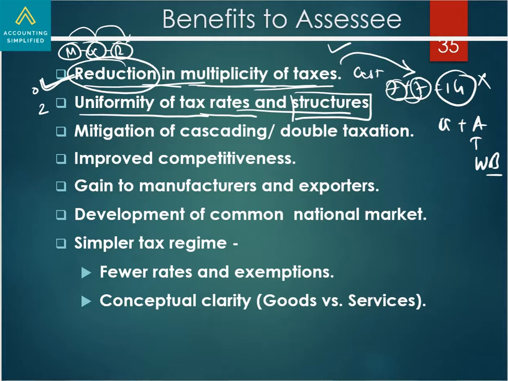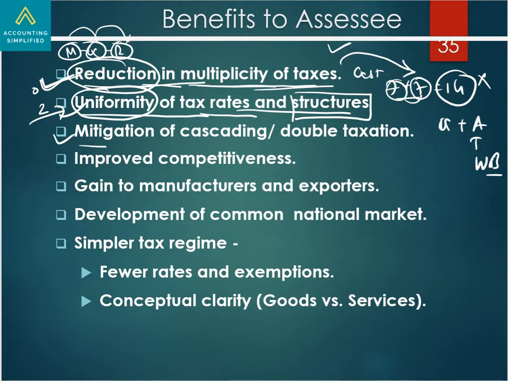When a company goes to Assam, it need not worry about uniqueness because it's the same, right? In the last video lecture we also learned about the uniformity of tax rates.